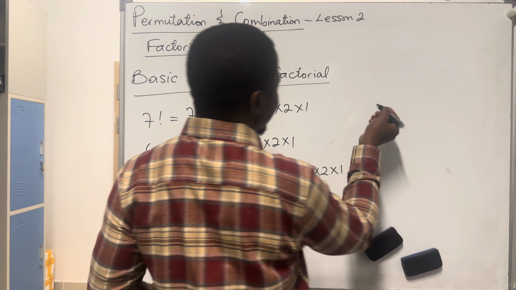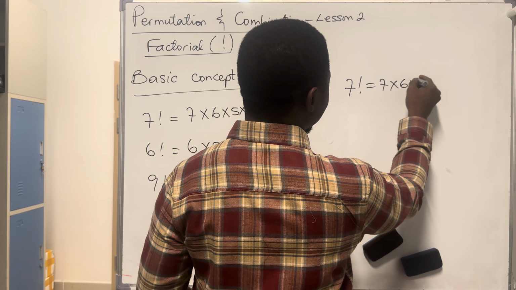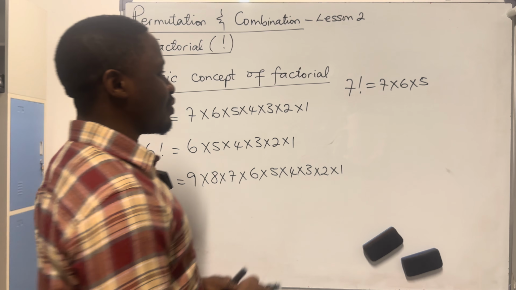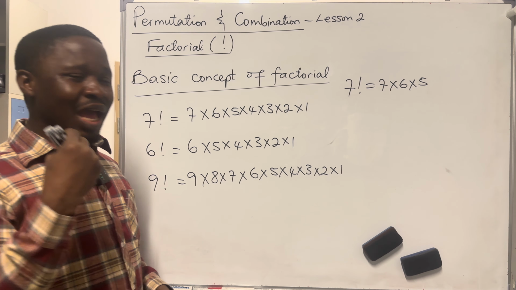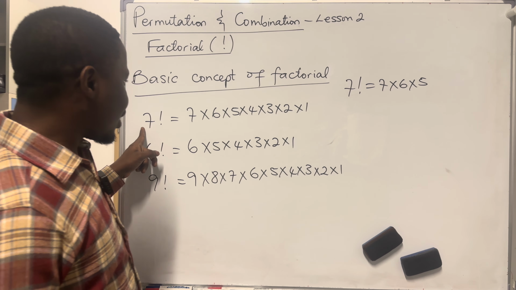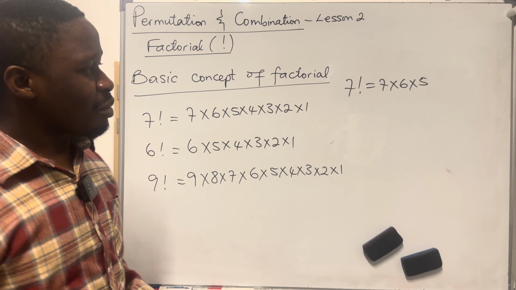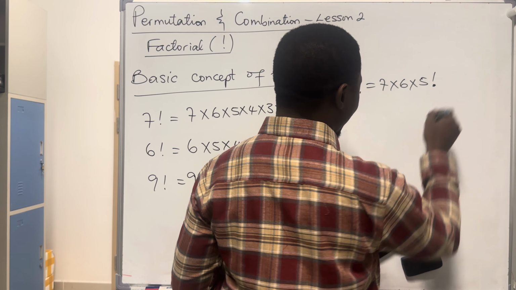For 7 factorial, you can choose to say 7 times 6 times 5. You can even stop here. But it is a must for every factorial number to get backwardly to 1. But if you choose to stop here, you have to indicate the factorial.